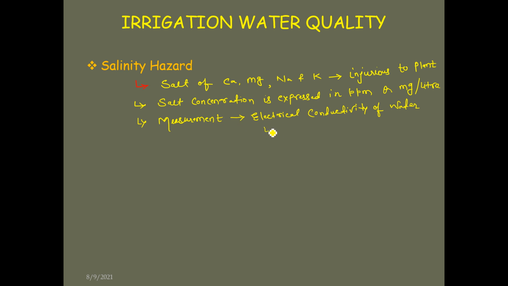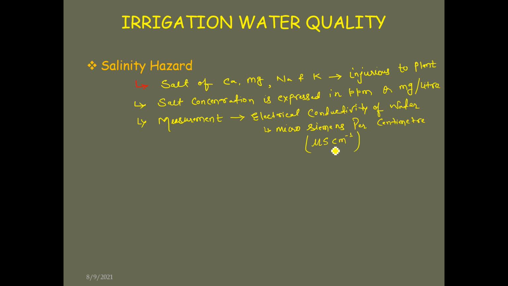The unit of this electrical conductivity which we measure is microsiemens per centimeter. Somewhere you can also see the equivalent unit, micromhos per centimeter, written in this form.